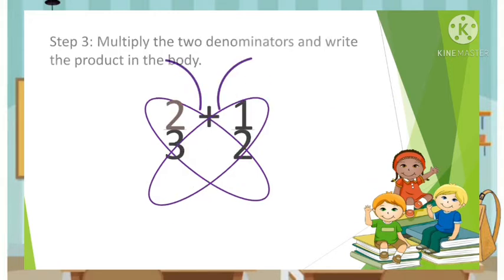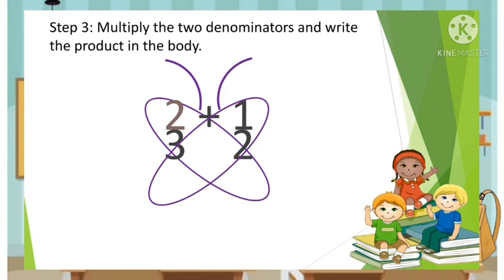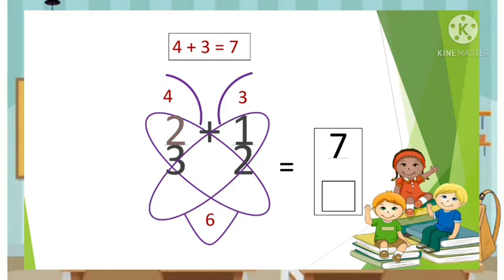And now for the third step, multiply the two denominators and write the product in the body. 3 times 2 equals 6. For step 4, now add the two numbers under the antenna. Write the answer at the top of the fraction, which is 4 plus 3 equals 7.